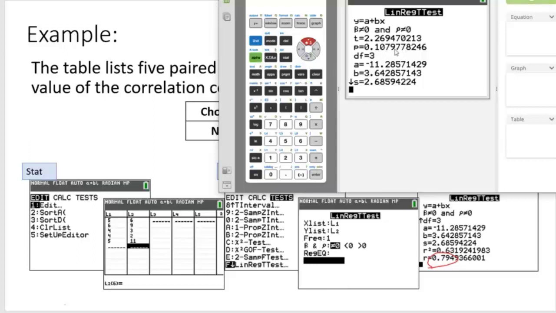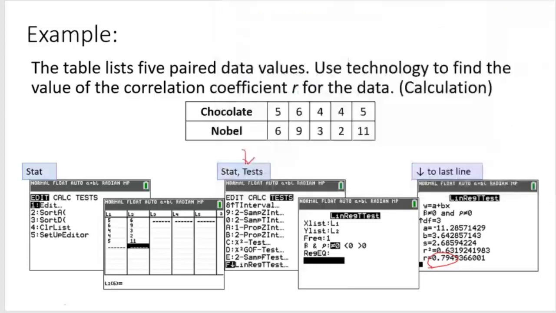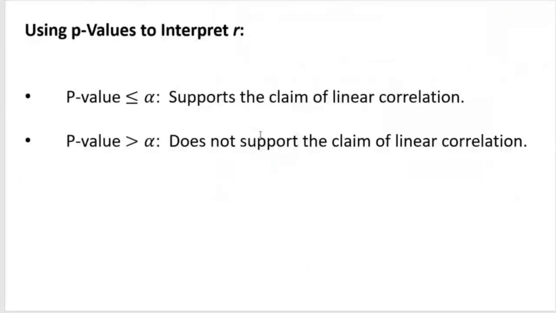That's going to round to 0.1080. So let's look here. We know that the p-value for that particular one was 0.1080.